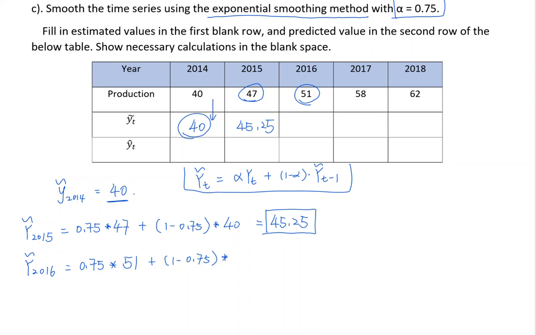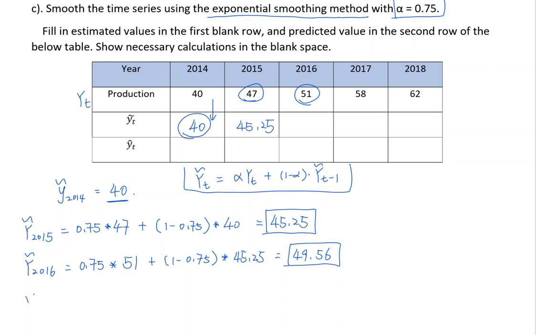So the previous estimated value is 47 or 45.25. The 47 is y t, the current value. And then in the formula, we need to use the previous estimated value, which is 45.25, right? So after you calculate this, you should have 49.56.